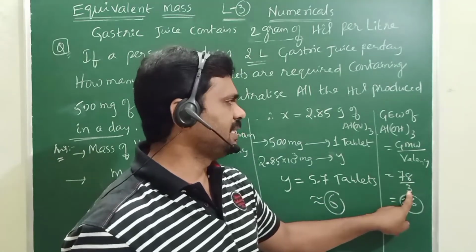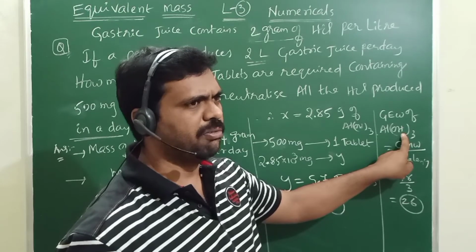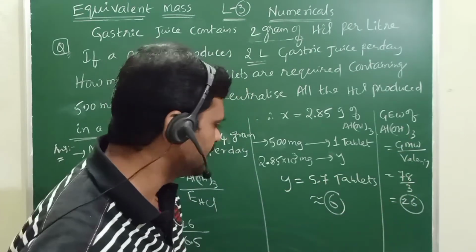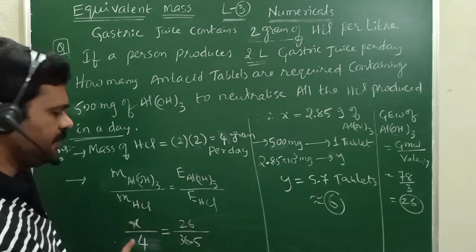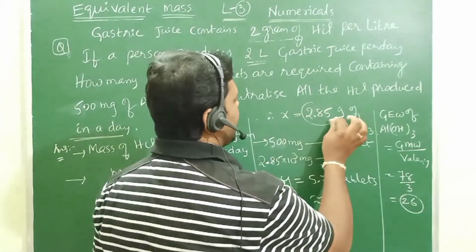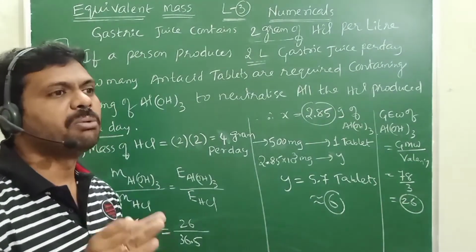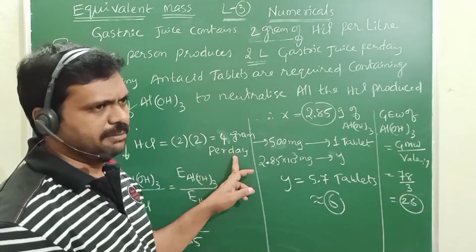Why is the valency 3? Because it is a base with OH groups. The number of OH groups is 3, therefore 78 by 3 is equal to 26, right? Now these values are substituted. Then if X is calculated, we get 2.85 grams of aluminum hydroxide required for complete neutralization of the 4 grams of HCl.